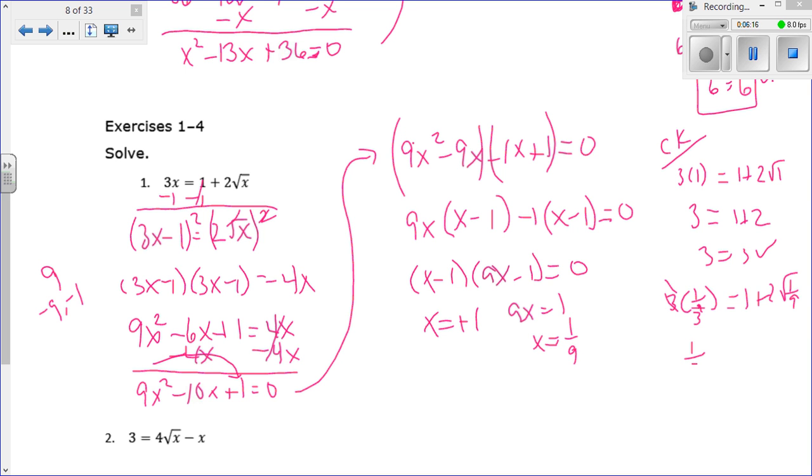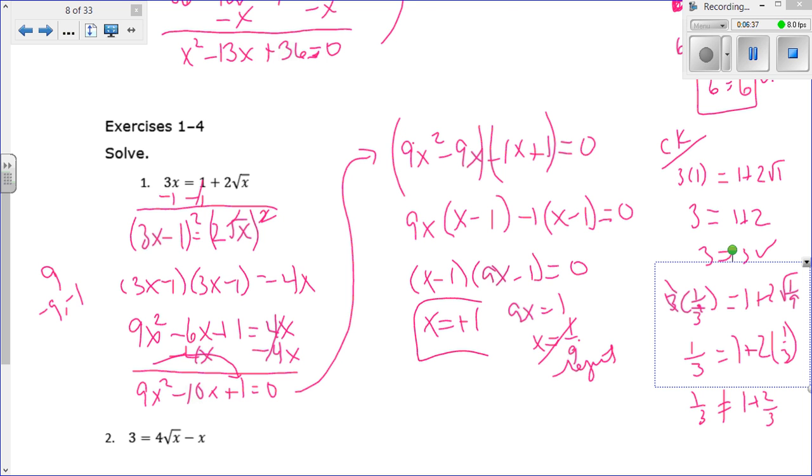So 1/3 equals 1 plus 2 times 1/3. So 1/3 is equal to 1 plus 2/3, and that's not going to work. So I can reject this one and keep the 1.